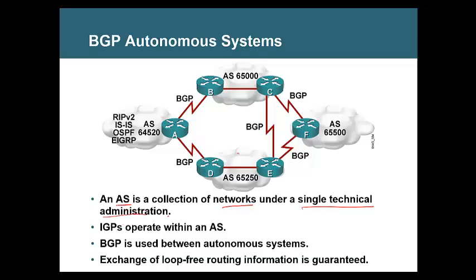For example, this is Madhav and Co. Every router inside belongs to Madhav and Co. That's why I call it an autonomous system. This is a different autonomous system. This is Aaron and Co.